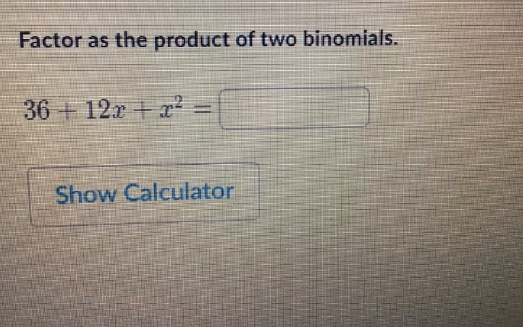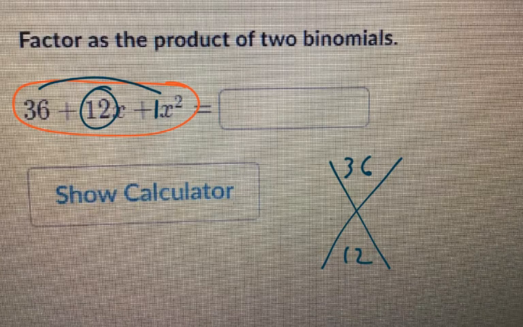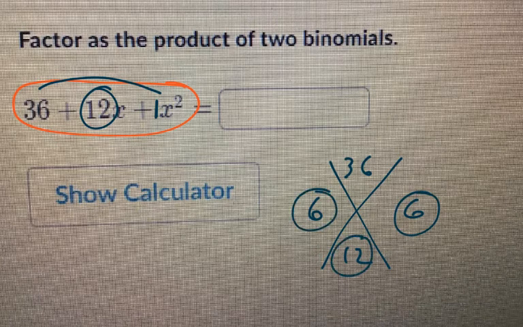All right. Now this one, of course, if you look at it's backwards, but no big deal. If I make my x here, remember the ones here. I know 1 times 6 is 36. I know my middle is 12x, right? So 6 times 6 is 36. 6 and 6 make 12.